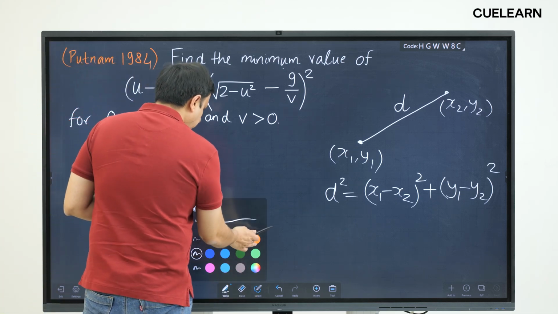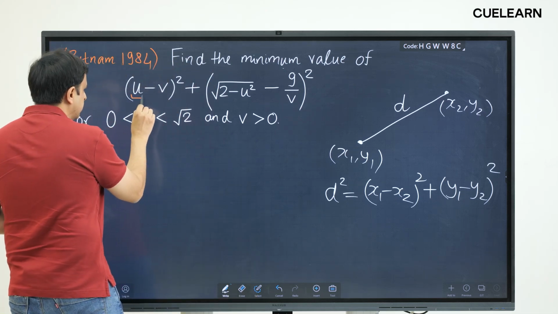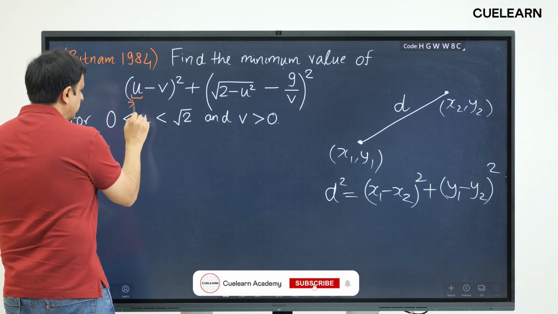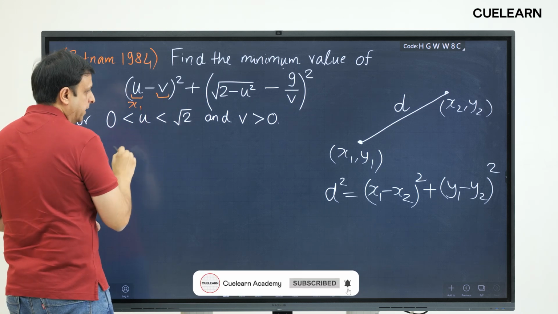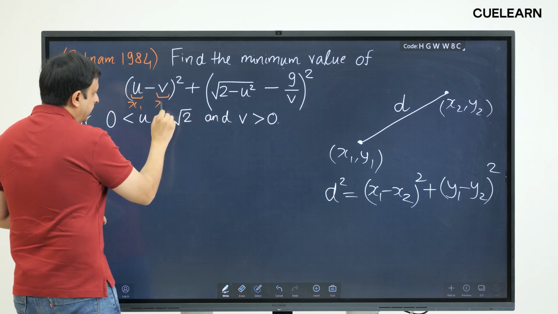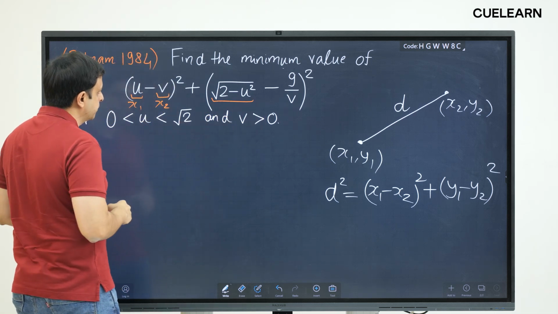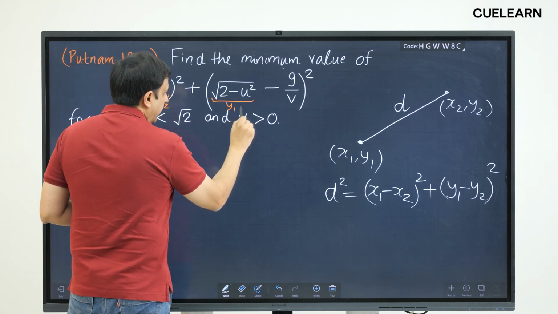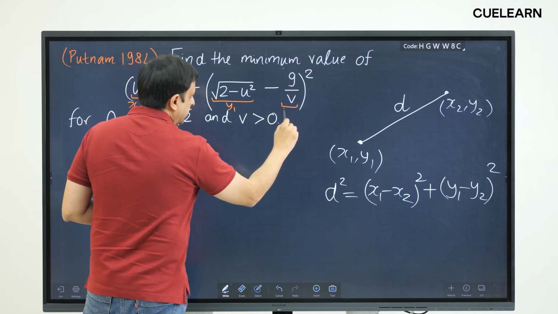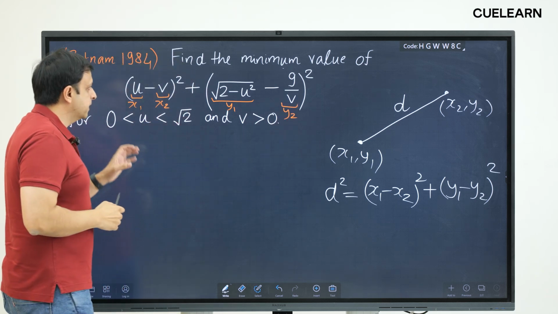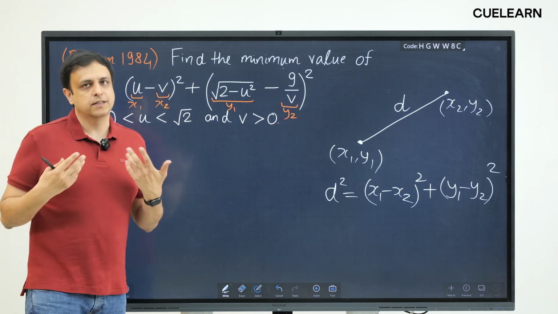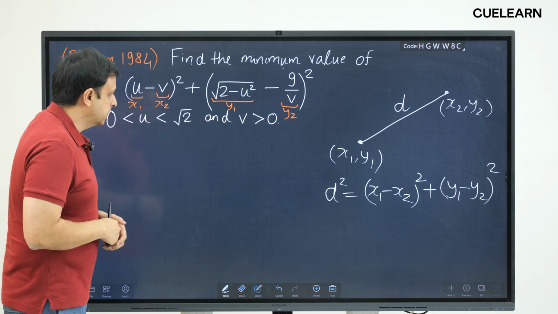And therefore, if I think of this u as my x1 and this v as my x2, and if I think of this term here, which is root of 2 minus u square, as my y1 and 9 by v as my y2, then I can see that this expression suddenly starts resembling the distance formula.